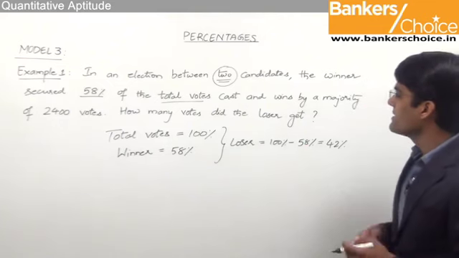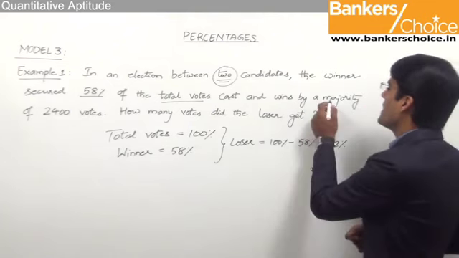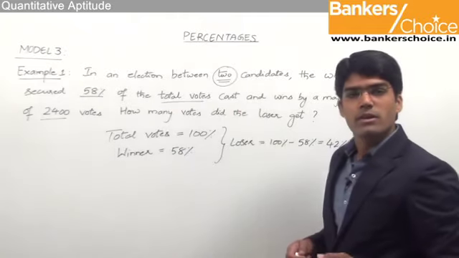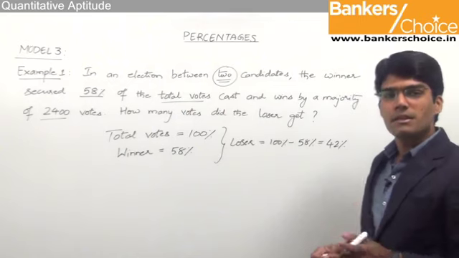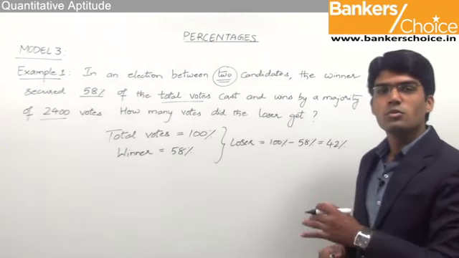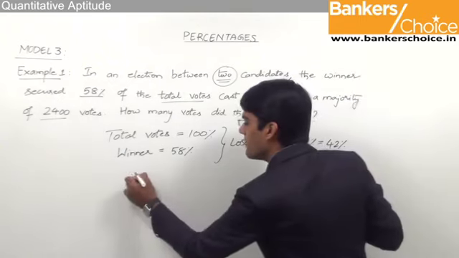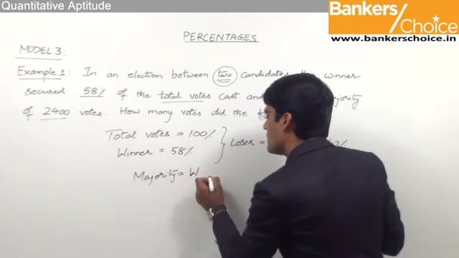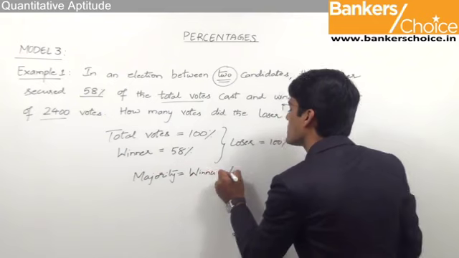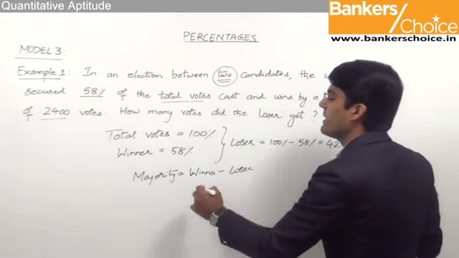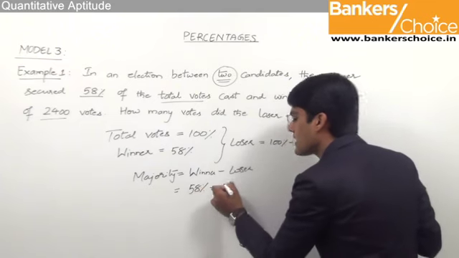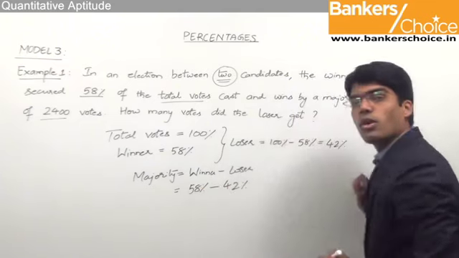The next part of the question says the person wins by a majority of 2,400 votes. Now what is majority? It is nothing but the difference between the number of votes of the two persons. So majority is equal to the number of votes obtained by the winner minus the number of votes obtained by the loser. The winner has obtained 58% and the loser has got the remaining 42%.